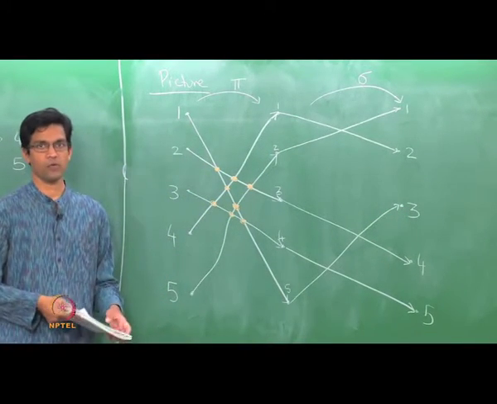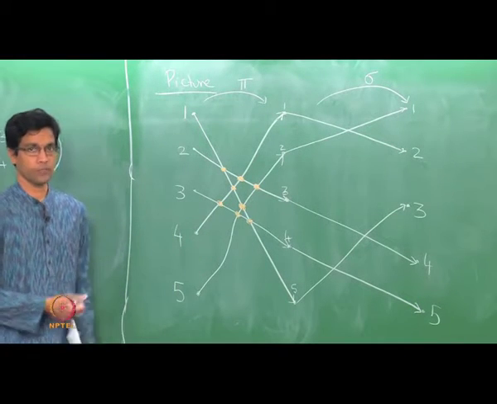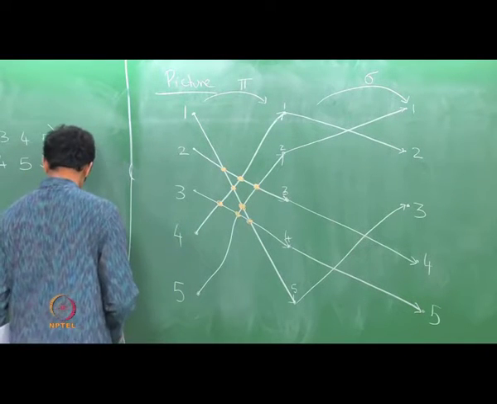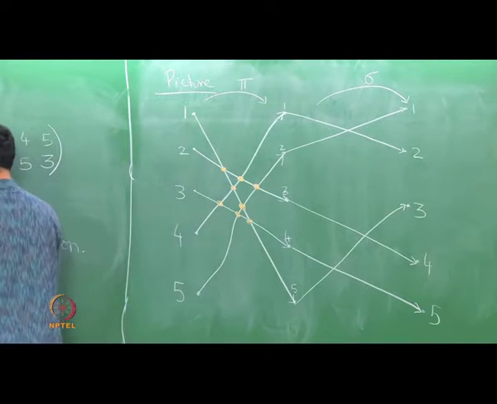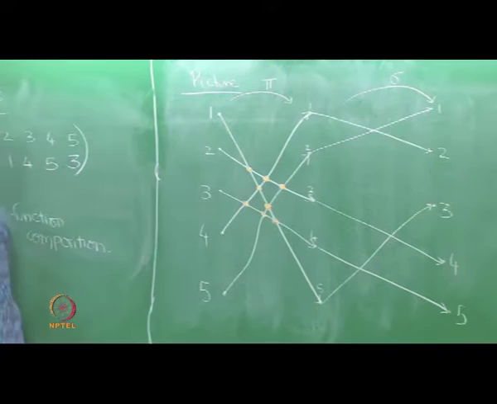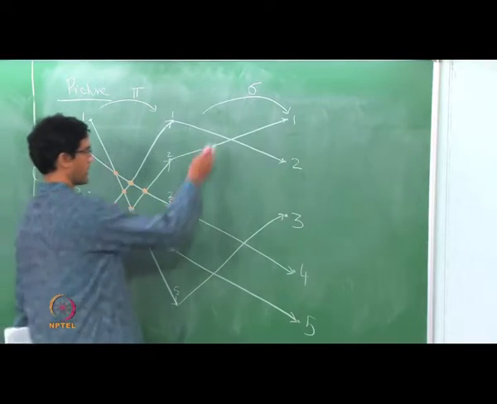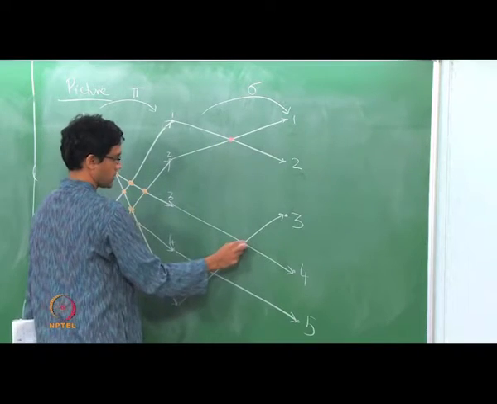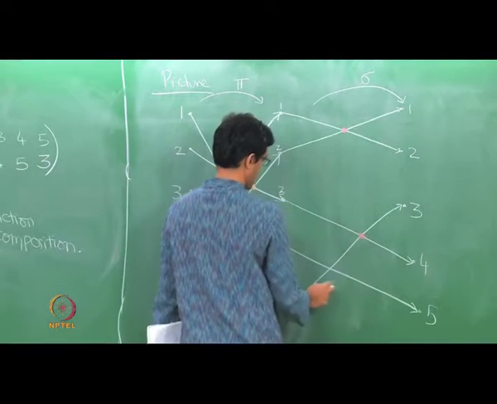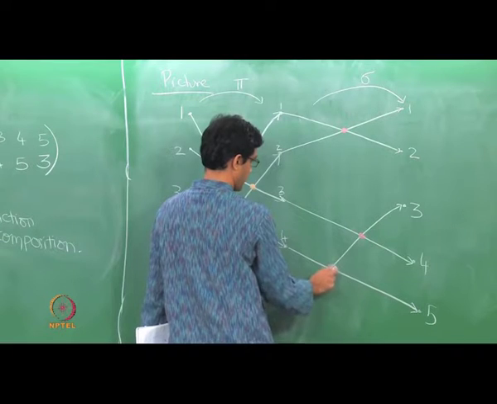Okay, so what we have done now is also drawn the picture for sigma, and let us again do the same thing. Let us mark out the crossings. Let us use some other color here. So how many crossings does the diagram for sigma alone have? Well, here is one crossing, here is another crossing, here is a third crossing. Right.